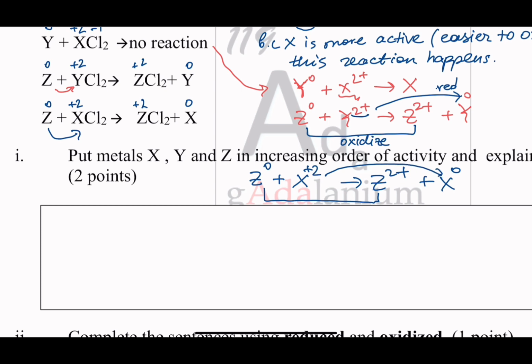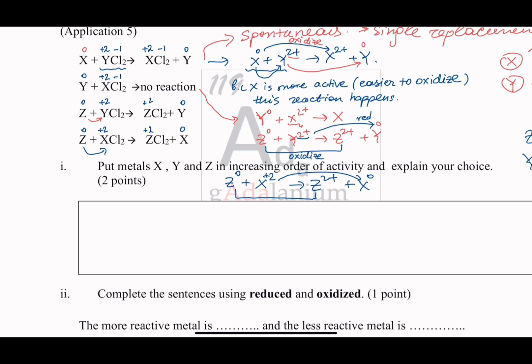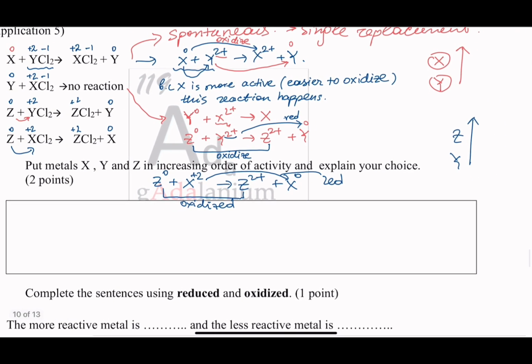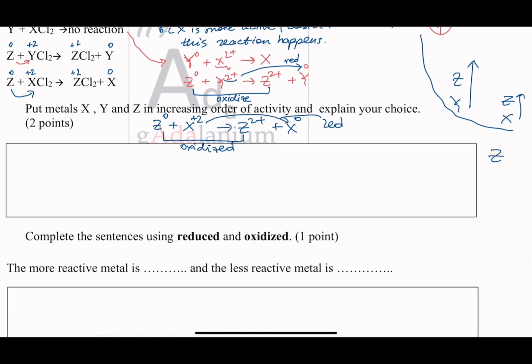Because the oxidation number increased for Z, it got oxidized and X got reduced. That means Z is located higher than X. If we summarize all three, we know that Z is higher than X and Y.